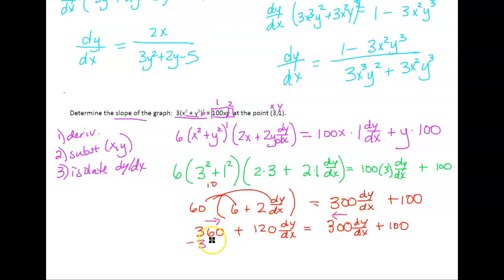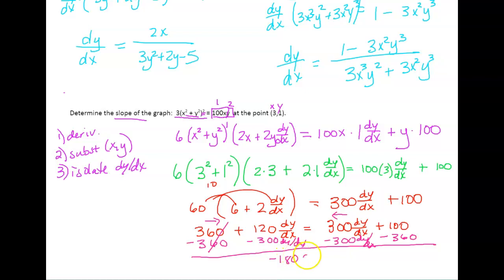So if we subtract 360 and subtract 300, we're left with negative 180, negative 260.